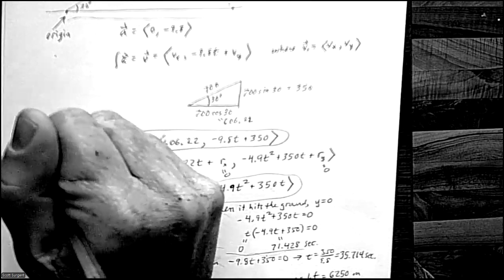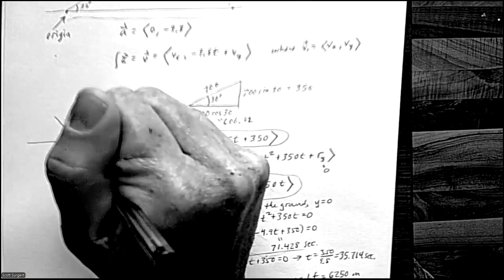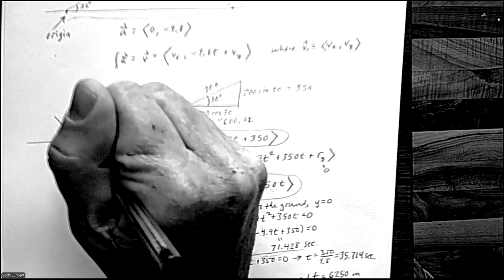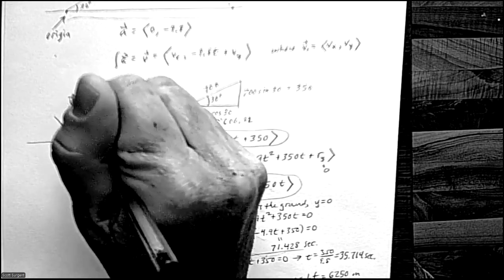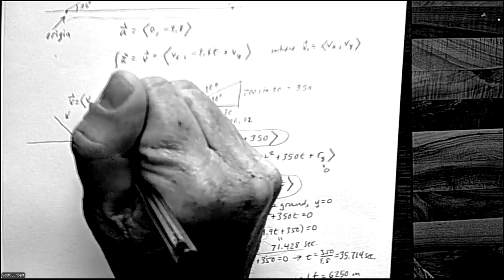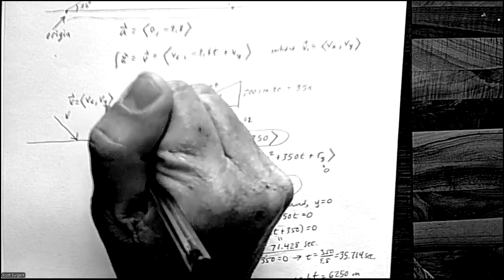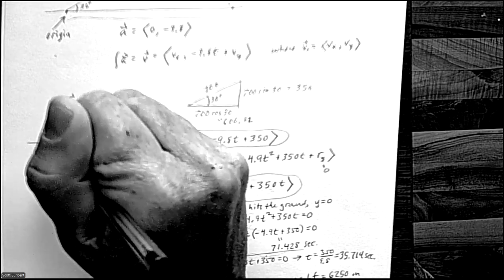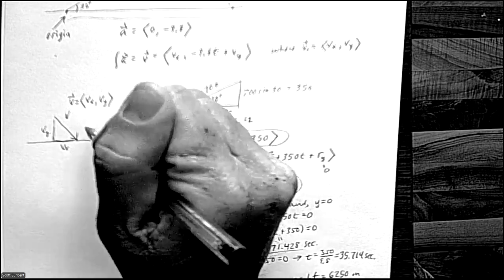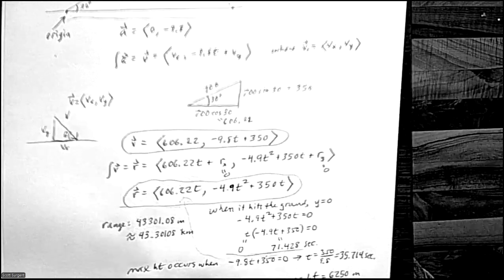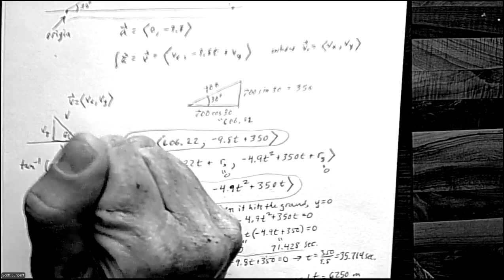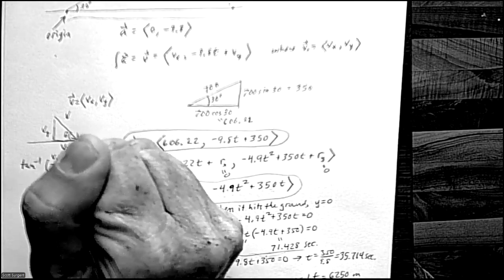Your velocity vector is coming in like that, and it will have two parts. I'll just call them Vx and Vy. So Vx would be this guy right here, and Vy would be this guy right here. And then the angle when it hits the ground would be the arctangent of opposite over adjacent, Vy over Vx.